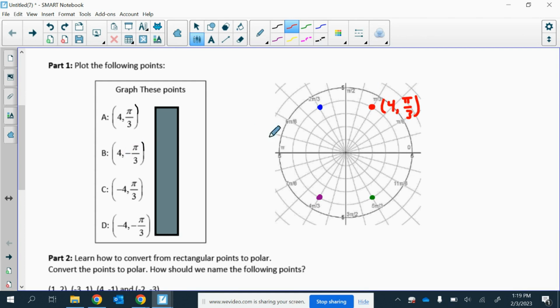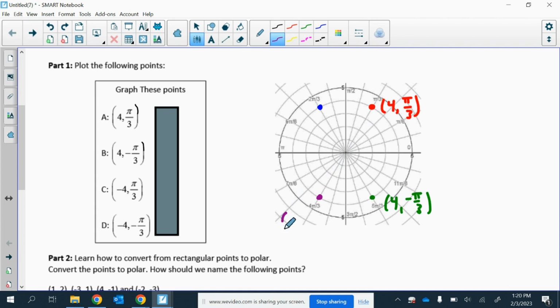4 comma negative pi thirds would be going on the circle of radius 4, but going in the direction toward negative pi thirds. So that would be this way. So this one would be 4 comma negative pi thirds. Negative 4 comma pi thirds would be going pi thirds, which would be up here. And then instead of going in the positive direction for the radius, we're going to go in the negative direction for the radius.